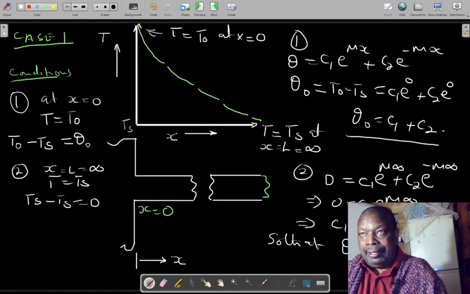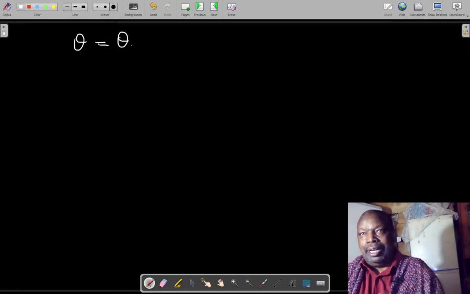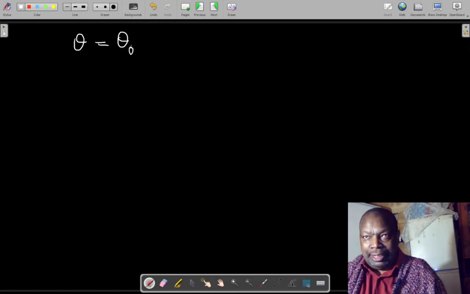So we can now go back to our general equation and say that theta is equal to C1, and we have seen that C1 is equal to 0, plus C2, and we have seen that C2 is theta naught, times e raised to the power of minus mx.